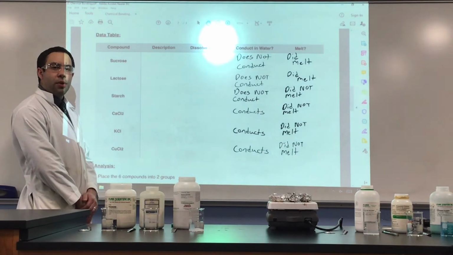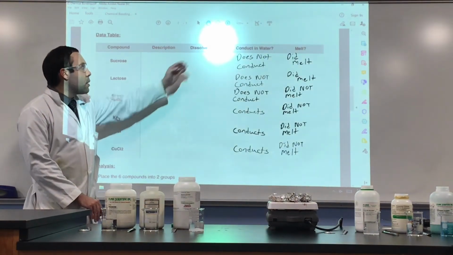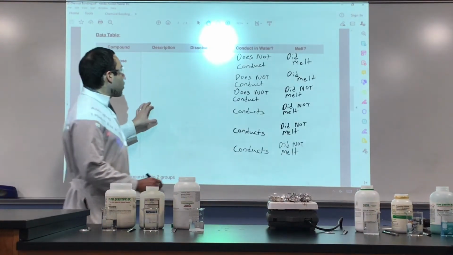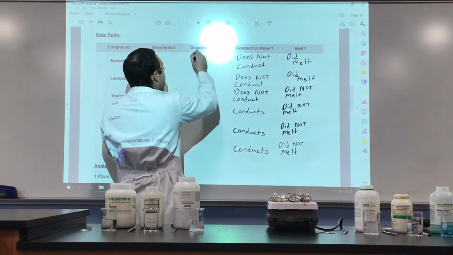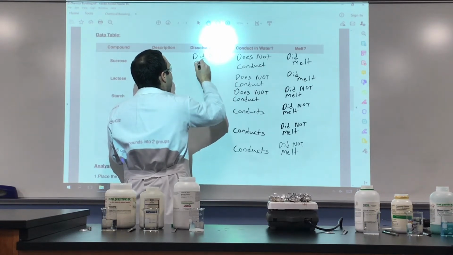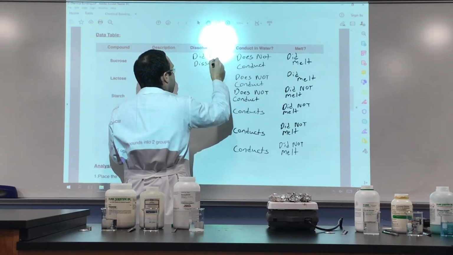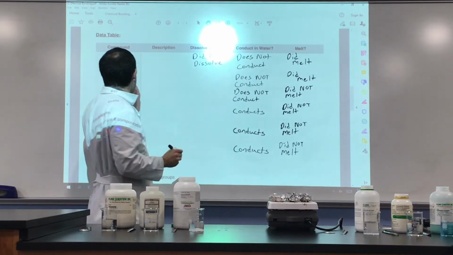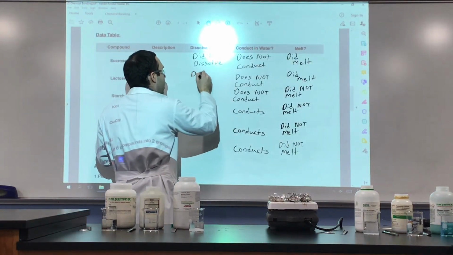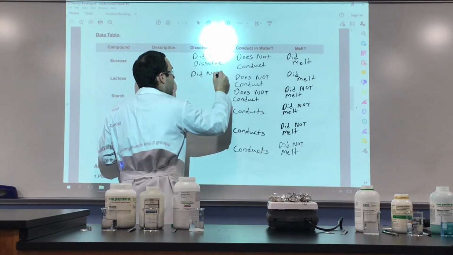Now let's record our results from the dissolve in water test. Sucrose did not dissolve. Lactose also did not dissolve.